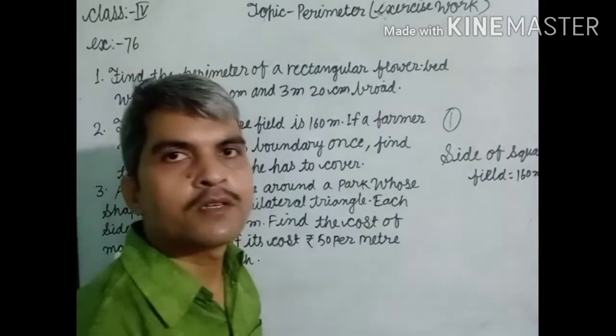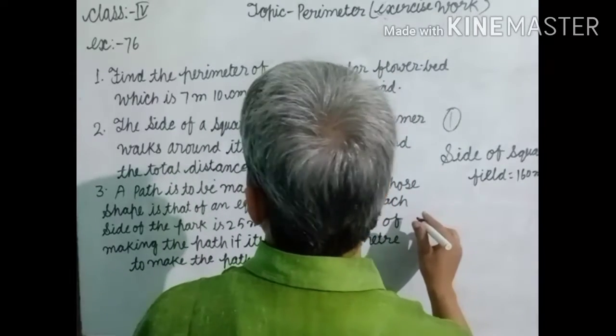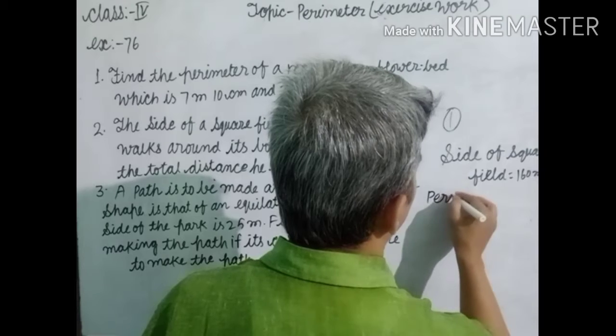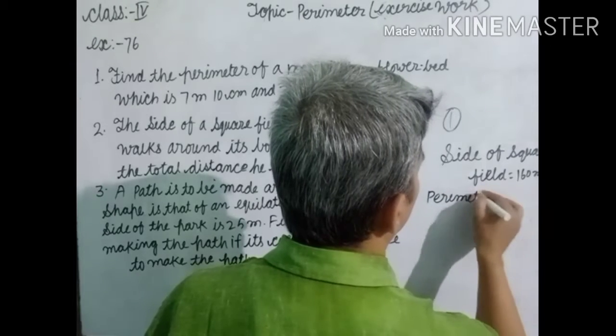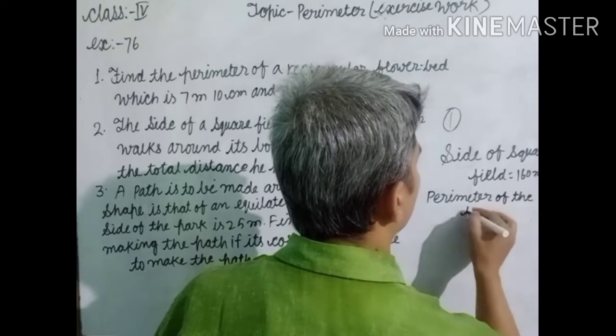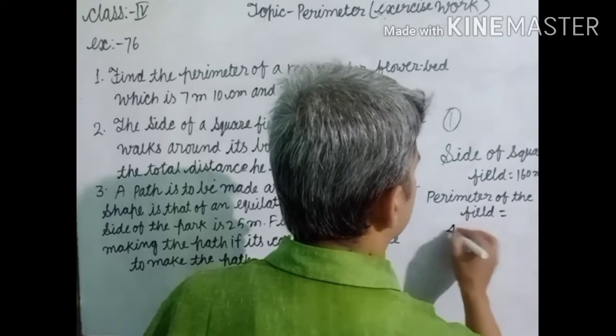You know that. And you know that the perimeter of the square field is 4 into side.